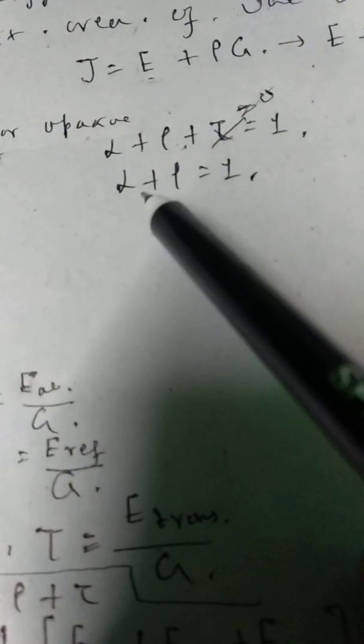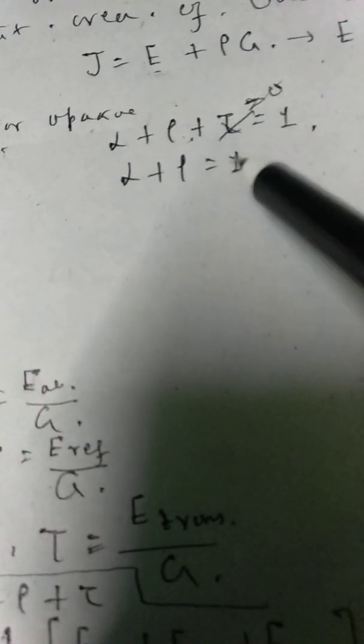So alpha plus rho is equal to 1. You can substitute this over here and write rho as 1 minus alpha, into G.